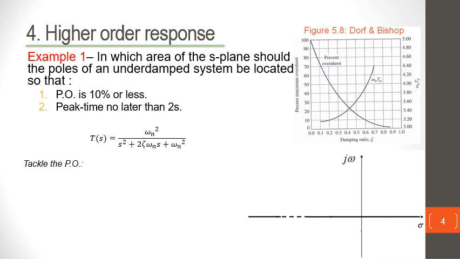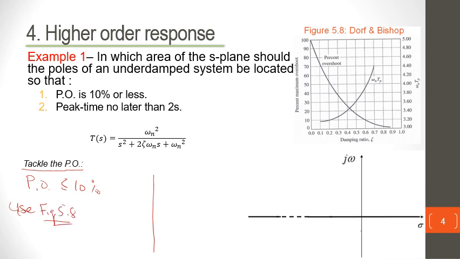So let's first tackle the peak overshoot. So we have an ambition to keep the peak overshoot to be less than 10%. So if we look at this, we can use figure 5.8.